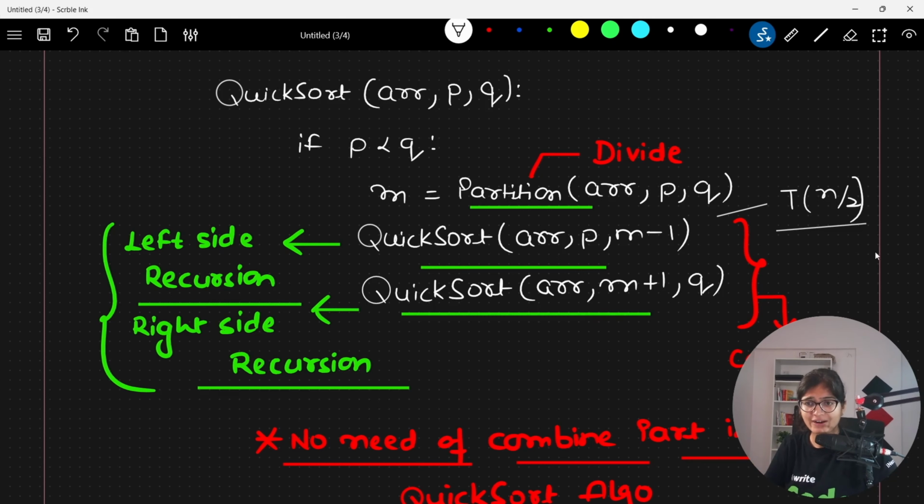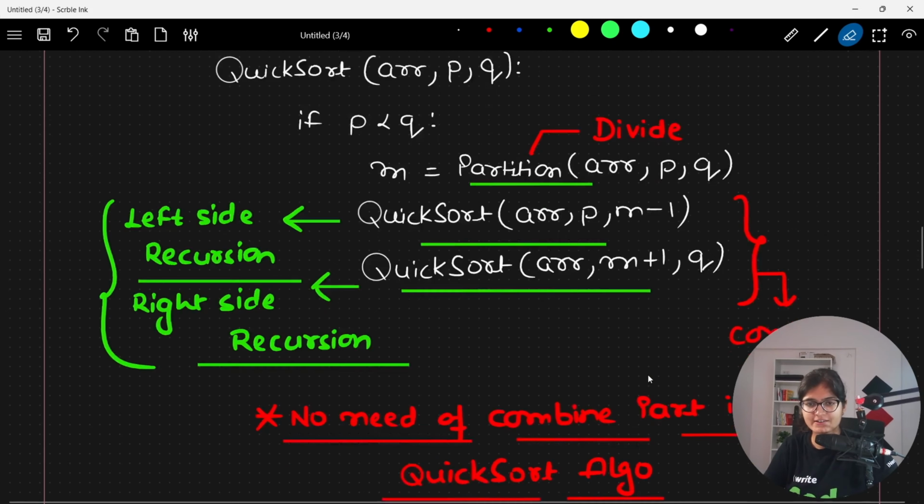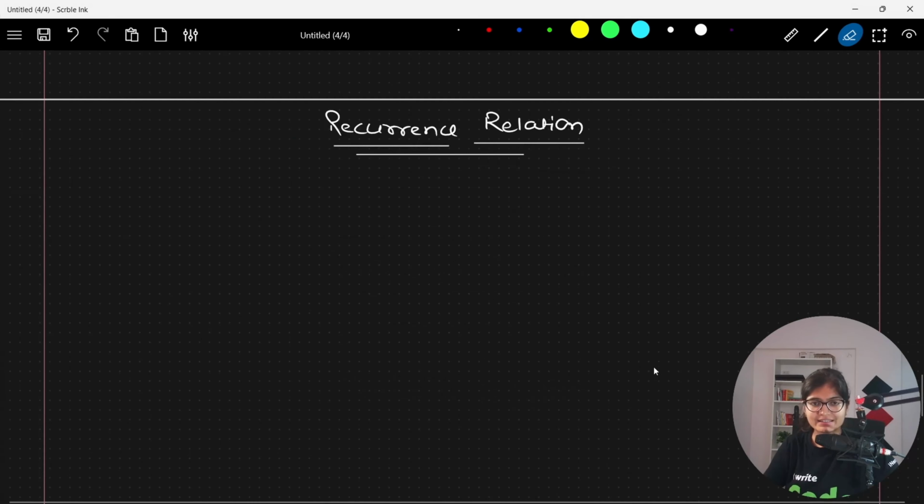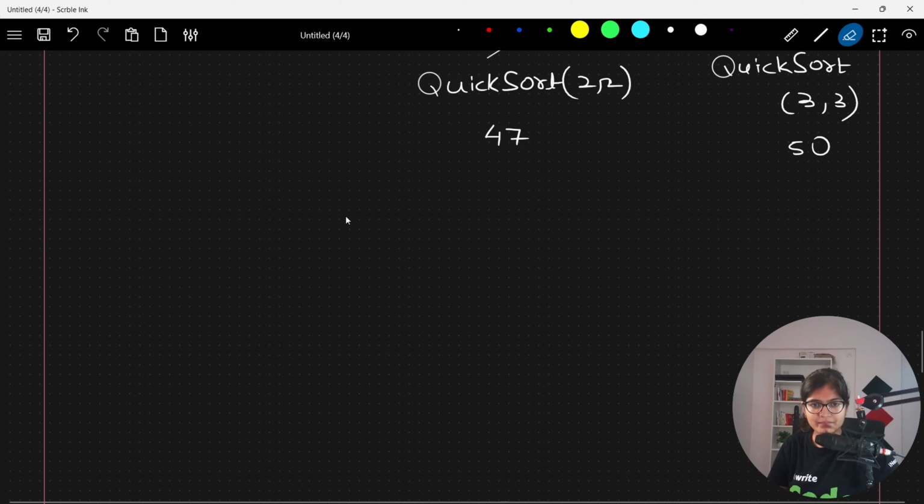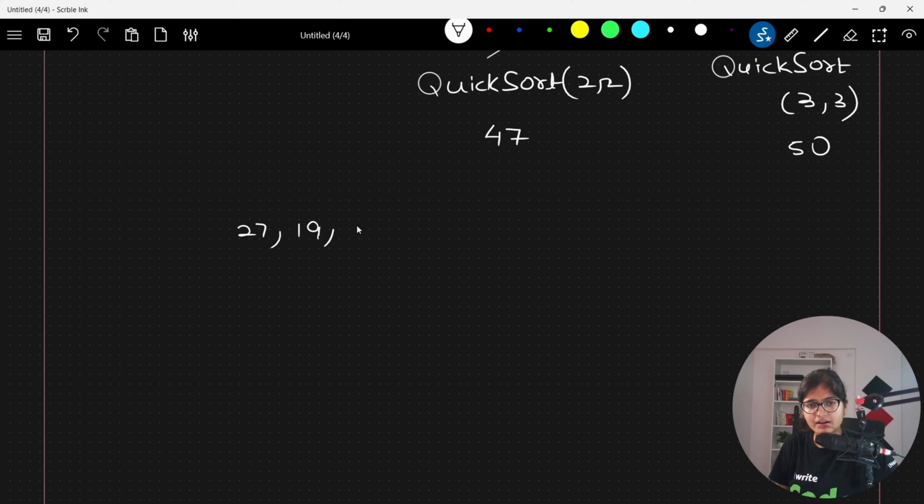So you cannot write it like this, meaning what I want to say here is that it might be the case that the value of m, for example, you will be having an array like this: 27, 19, okay? Then you will be having 49, 57, 29, 46, 37, and so on.